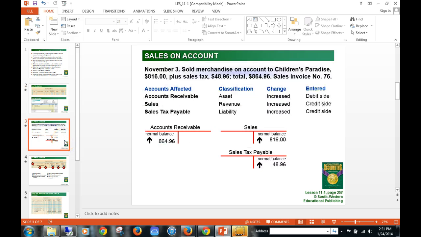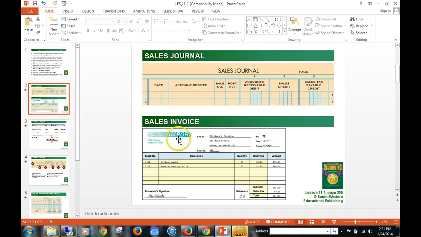So, first transaction, sales on account. We sold merchandise on account to Children's Paradise in the amount of $816 plus the $48.96, which is this amount times 6%, our sales tax, for a total of $864.96. Sales invoice 76, and that's this invoice right here.